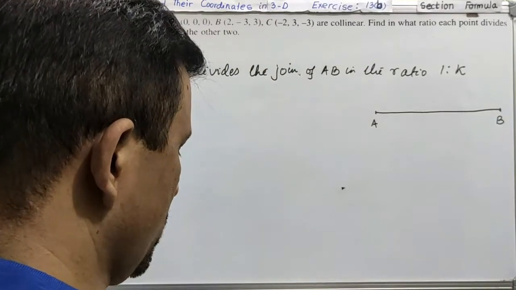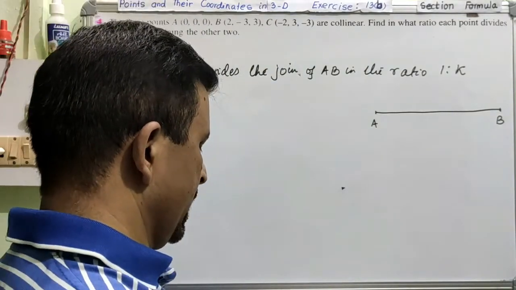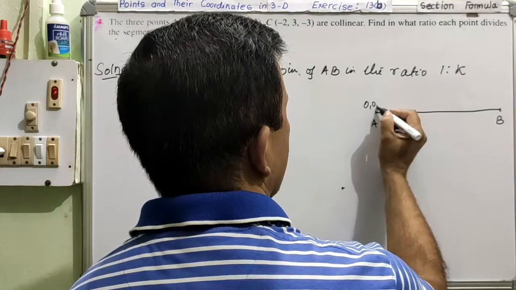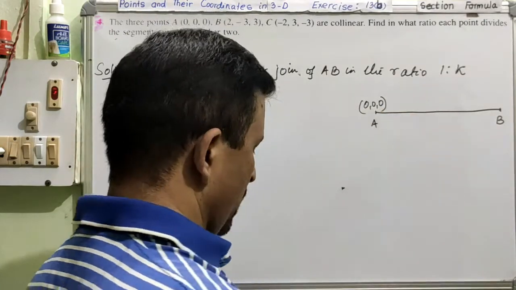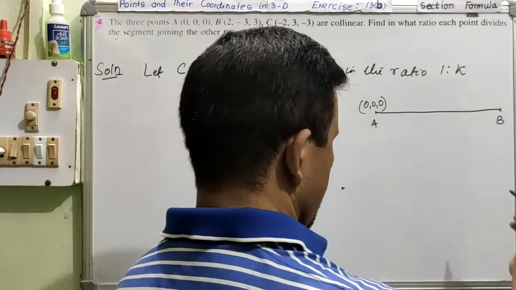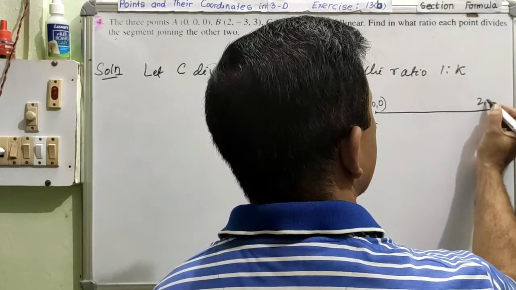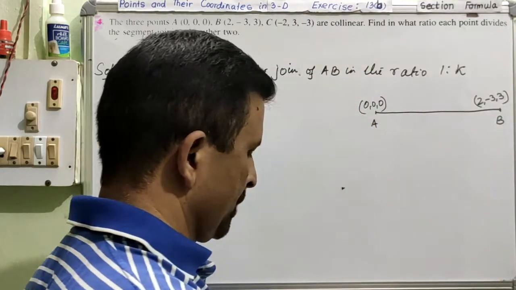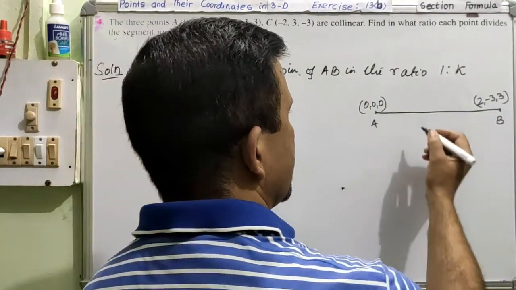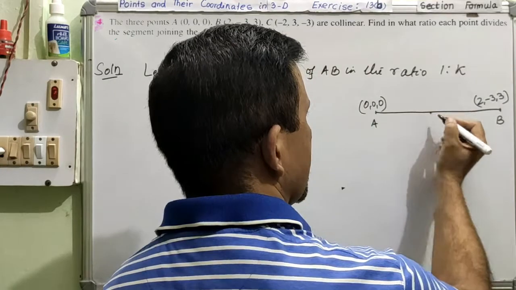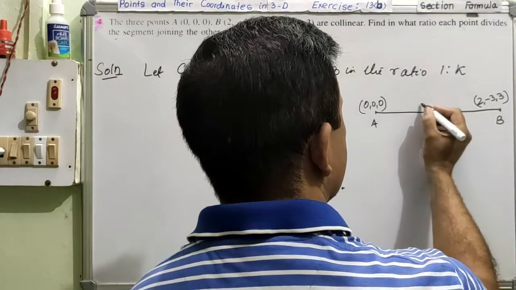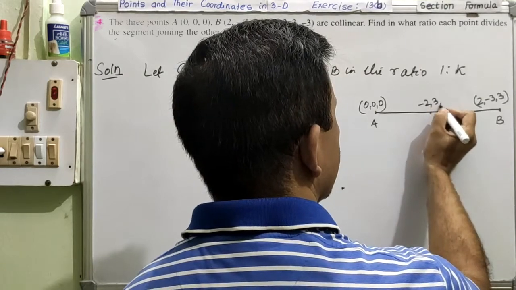Is it okay? So now the coordinate of A is 0, 0 and 0. The coordinate of B is 2, -3 and 3. Clear? And then C is somewhere here in between A and B, and the coordinate of C is -2, 3 and -3.